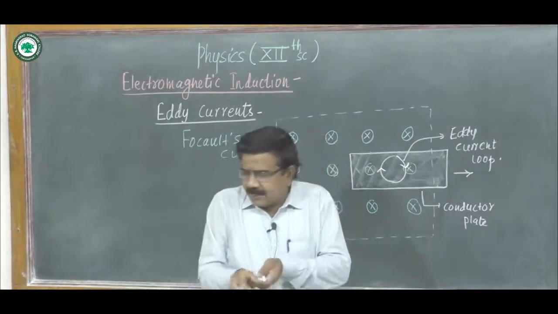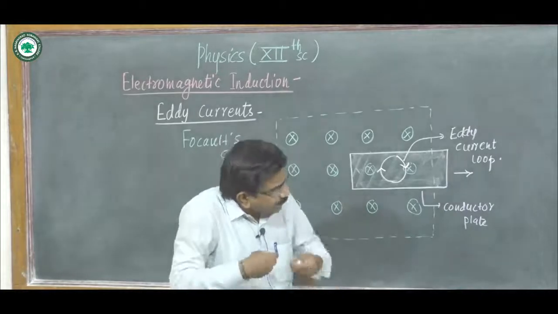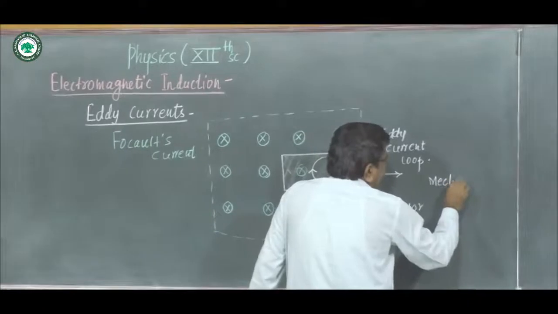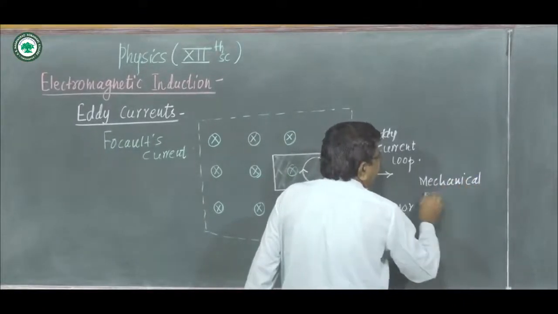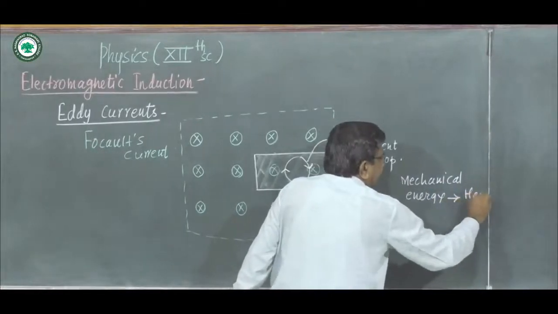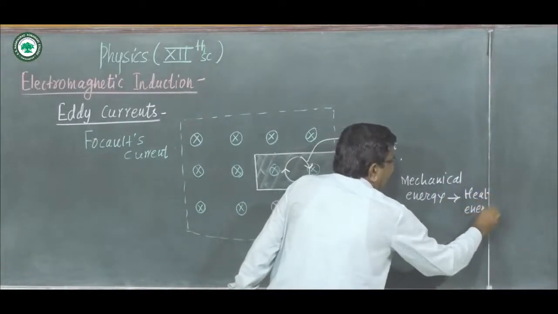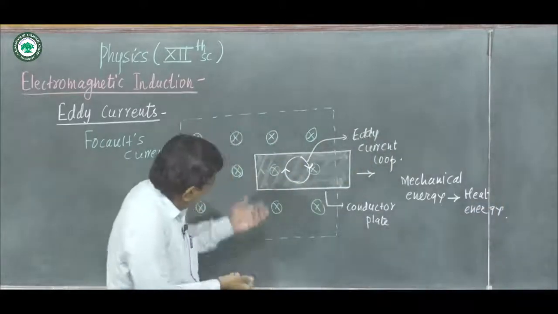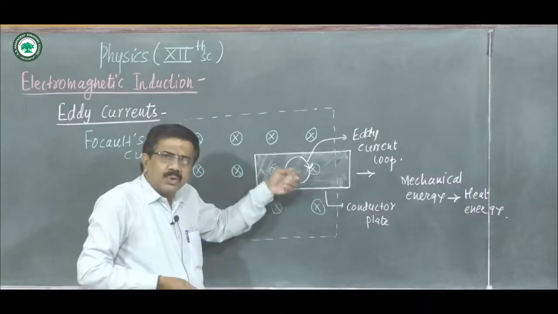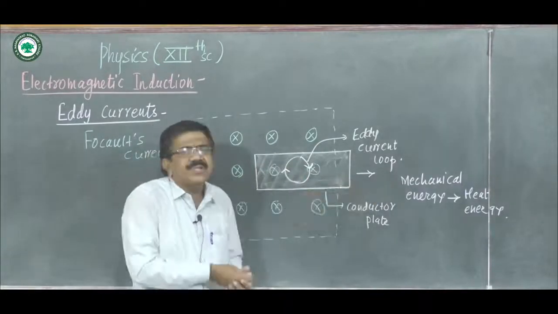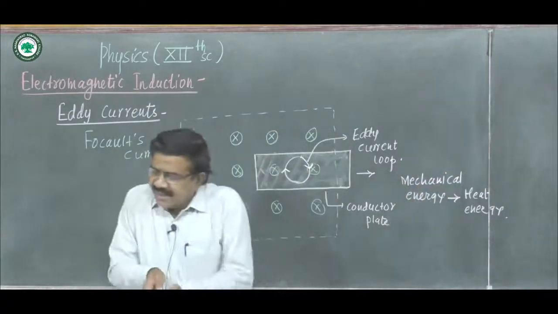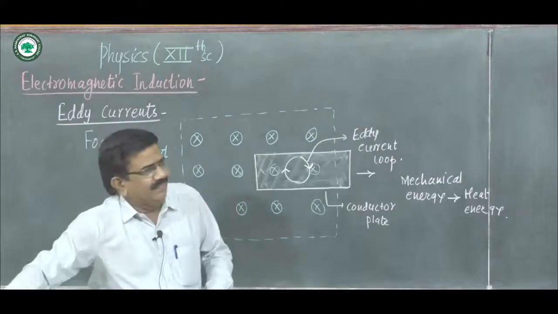These currents are responsible for the conversion of mechanical energy to heat energy. Because when it is moved, that energy is mechanical energy. Currents are induced, and due to this induced current, heat is produced.